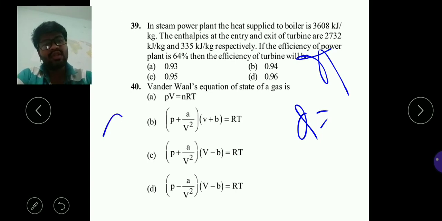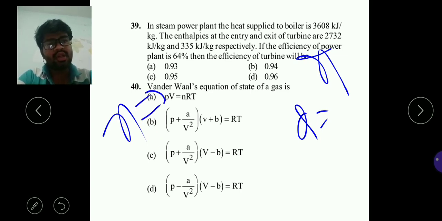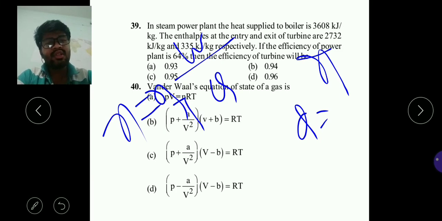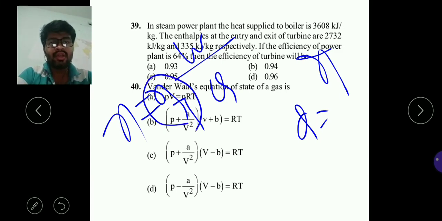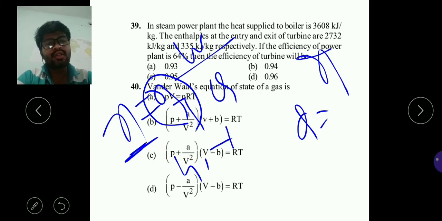So the efficiency of the cycle will be equal to the efficiency of the turbine into W divided by Q. Normally, if the efficiency of the turbine is not given, then the efficiency of the power plant will be equal to W by Q, where W will be equal to H1 minus H2.